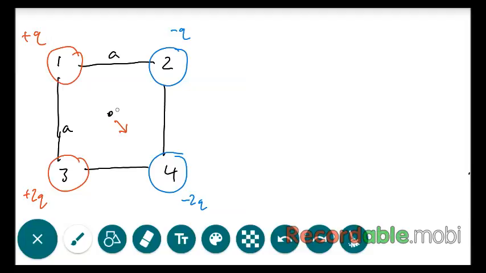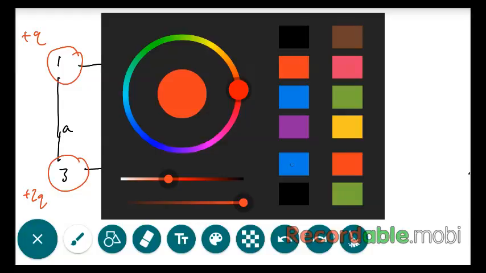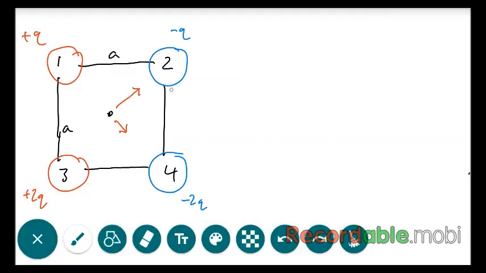Particle 3 is going to exert a repulsive force going diagonally upwards, but it's going to be stronger because it has a greater charge. Likewise, particle 2 is going to exert an attractive force upwards, a smaller arrow since it's a smaller charge. Particle 4 is going to exert a bigger attractive force downwards. Okay, so those are four electric fields exerting their presence on the center of the square.